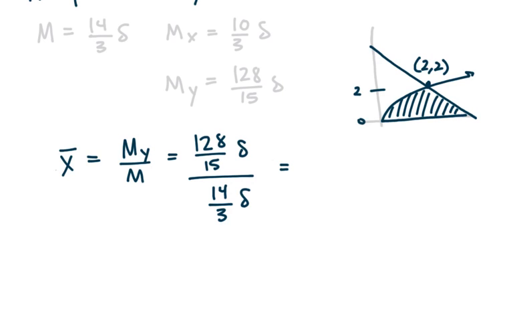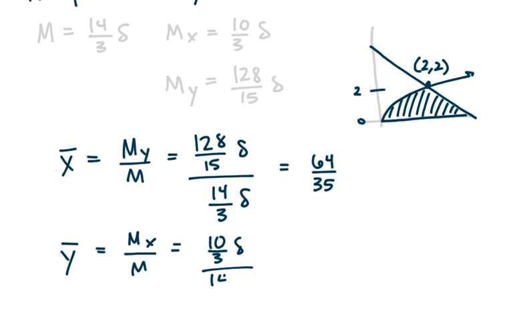That simplifies to 64 over 35. And y bar equals m sub x over m, or 10/3 delta again over 14/3 delta, which simplifies to 5/7.